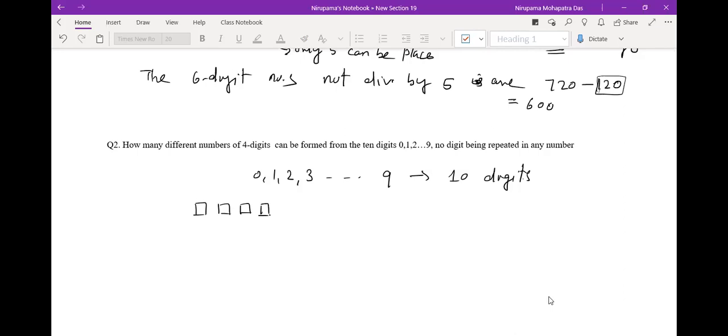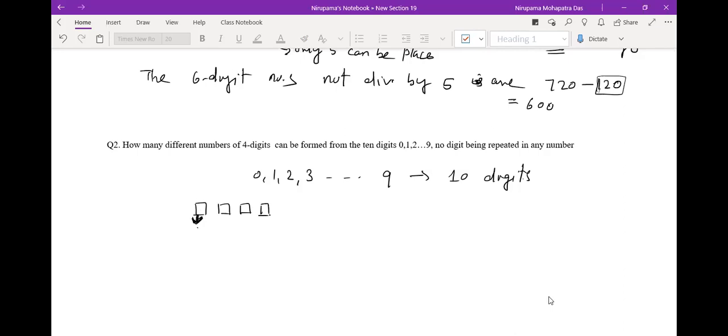And do we have any restriction here? Yes, we have 0 here, right? So here we cannot have 0. That means you can write ones, tens, hundreds and thousands. The thousands place cannot have 0. So here you can place 1 or 2 or 3 or 4 or 5 or 6 or 7 or 8 or 9.